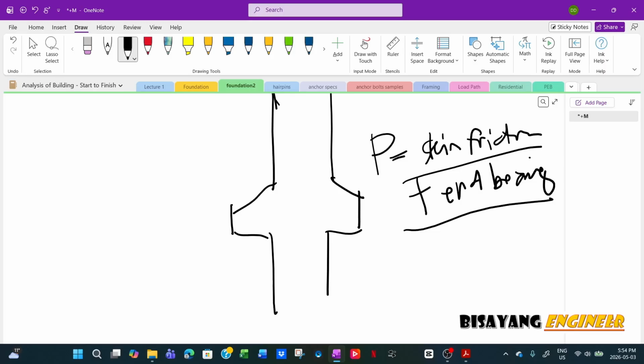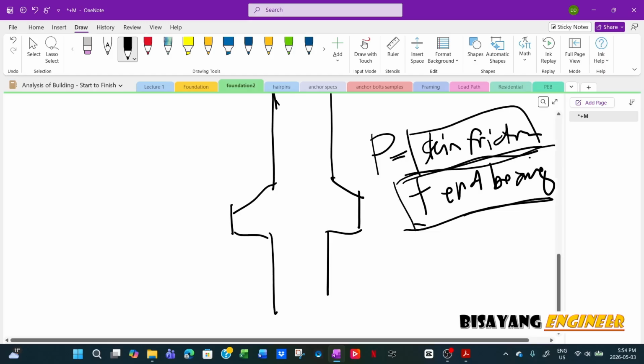If you read recent foundation books, even in practice right now, I've known a lot of geotechnical engineers who will never recommend a combination of both skin friction and end bearing. They have an explanation. It has something to do with mobilization, but I cannot explain it properly the way they explain it. So if you know any geotechnical engineers, you can ask why it is no longer recommended to add skin friction and bearing to get the pile capacity.